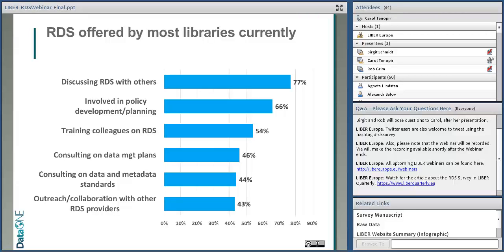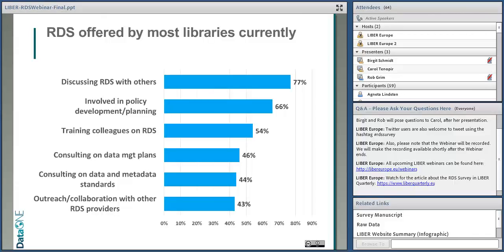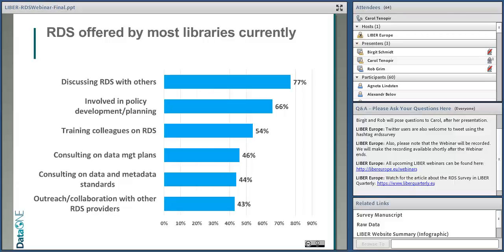So these top three services, discussing, setting policies, and working on skill development and training of colleagues, lead to this idea of what kinds of policies we need to have in the future. We found that slightly under half of the libraries say that they are providing a service that helps with consultation on data management plans, using some of the good data management planning toolkits that have been developed in the last couple of years.